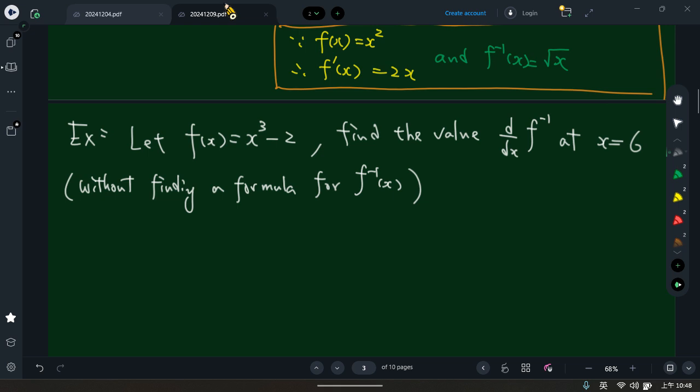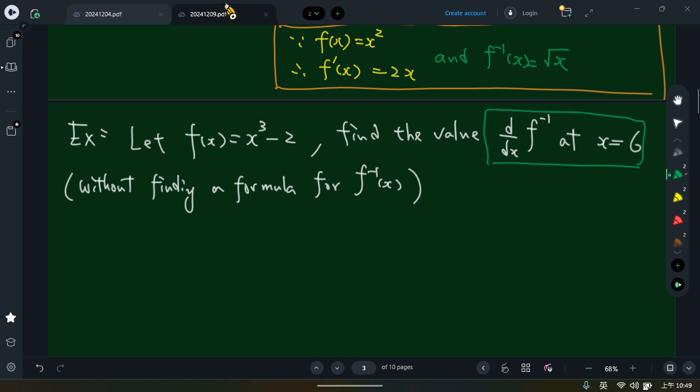So the question has some comments that you cannot just find the formula for f inverse, then get the result for this question. Can you just directly get this one? This is our target, right?